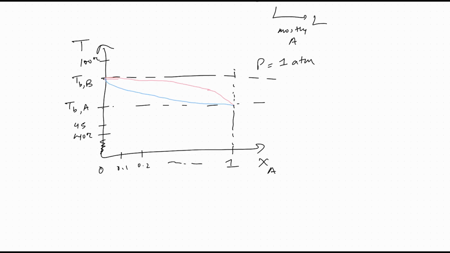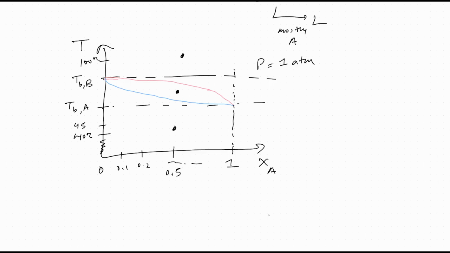So, for example, suppose we're at 0.5. So this point is a liquid. This point is a vapor. But this point right in the middle is not either one of them.